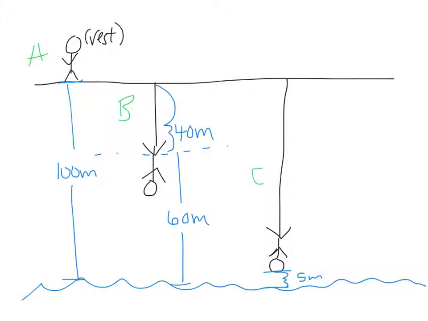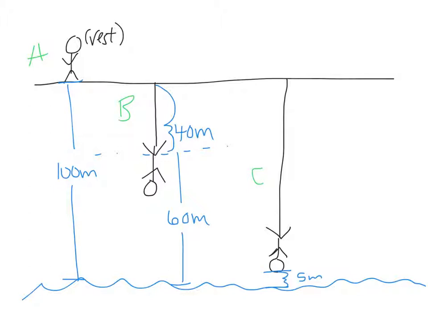How do I know that? Because the distance from the top to the water is 100 meters. If the cord is 40 meters long, then 100 minus 40 leaves 60 meters to the water when he's here. And then at the bottom, he's going to be 5 meters from the water.